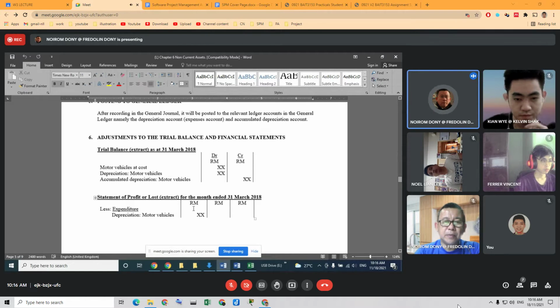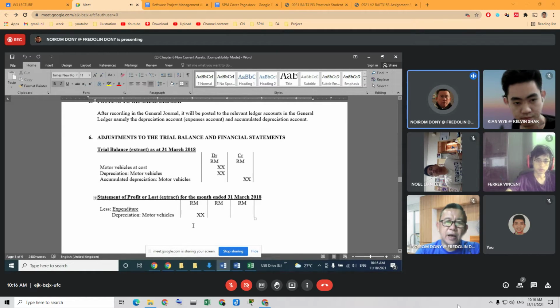Remember, like what I've explained to you, the first column is for us to do the adjustment first. Depreciation we put in the first column because not only motor vehicles, but we also have depreciation on office equipment, depreciation on fixtures and fitting. So we list down all the depreciation first in the first column.